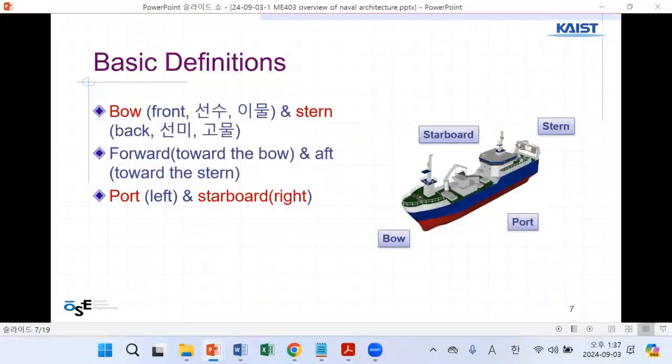And the other way, starboard means you can see the star at night, right hand side. Every time they place it in this way, it is easier for the many ships staying there, right? The traffic. Otherwise, it can be complicated. So they cooperate in this way.